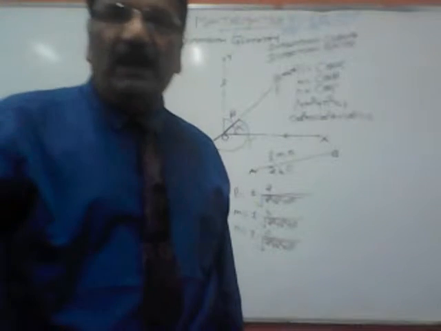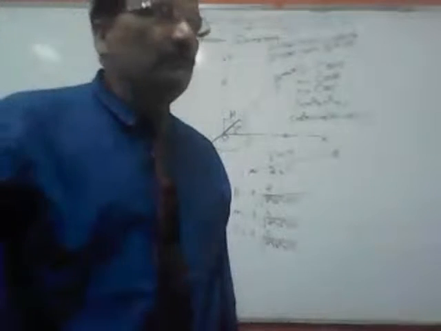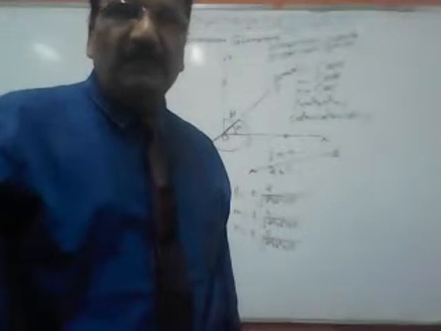And the direction cosines of line PQ: L is equal to x2 minus x1 upon modulus PQ, M is equal to y2 minus y1 upon modulus PQ, and N is equal to z2 minus z1 upon modulus PQ.